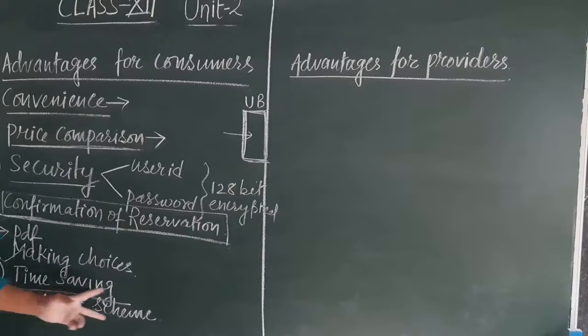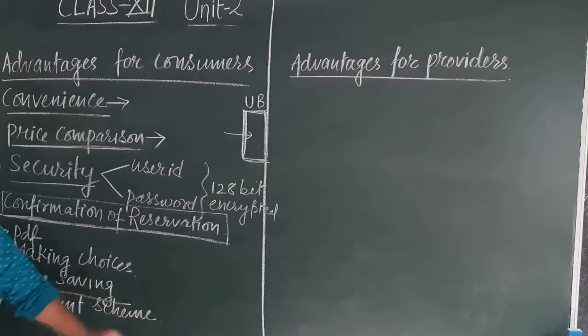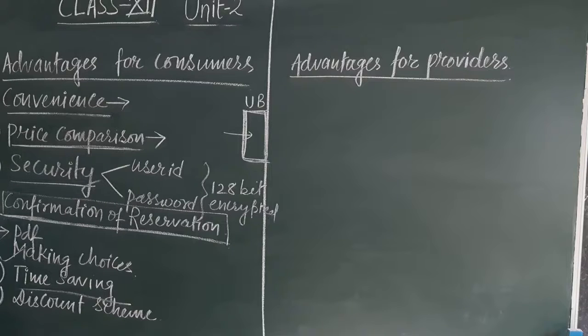Okay, whenever we are using any of the online reservation and booking systems during certain festivals, in such a situation, during that time duration, they will provide certain discount schemes also, and we can avail those discounts while purchasing or booking our ticket. So these are the 7 basic advantages available for the consumer whenever they utilize the online reservation services.